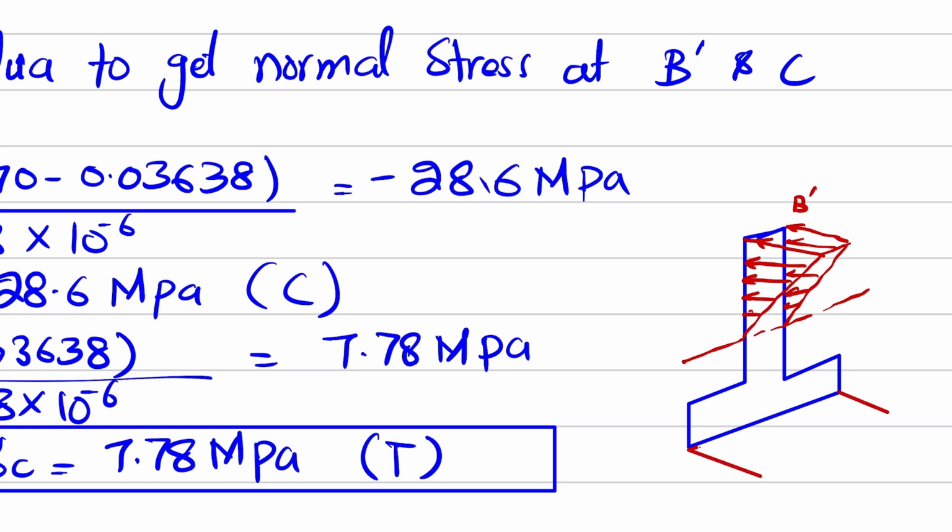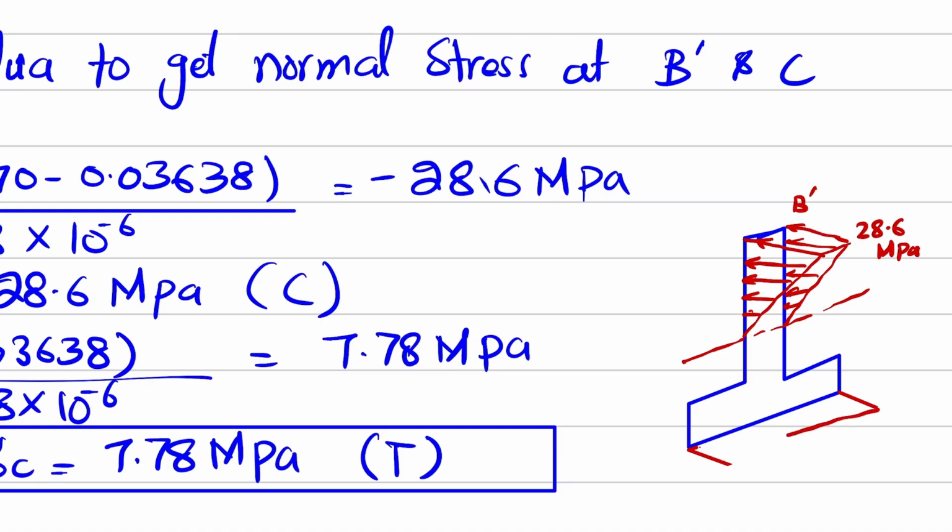What is the magnitude over here? That is 28.6 megapascal, and the arrow toward point B shows they are in compression, and at point C they are in tension, and this is 7.78 megapascal. So I will make it a little bit shorter because the amplitude is less.